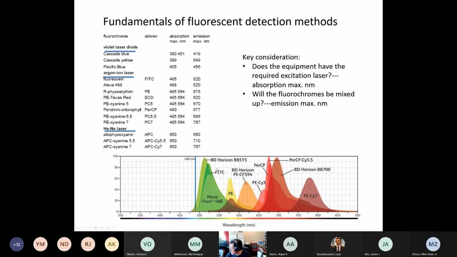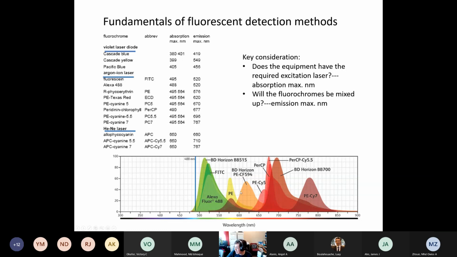In practice, you want to use two fluorochromes that are far away from each other in terms of emission. For example, you probably want to use FITC. Its emission peak is around 520, somewhere like here. And then for the next one, you probably want to choose PE because the emission maximum is around 650.